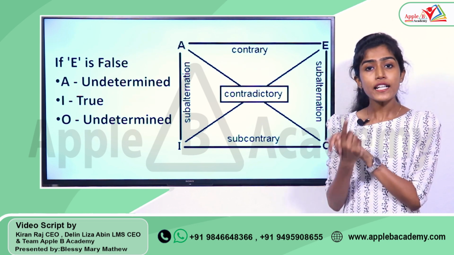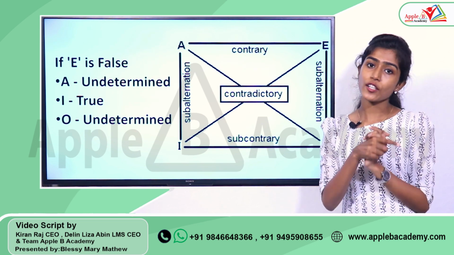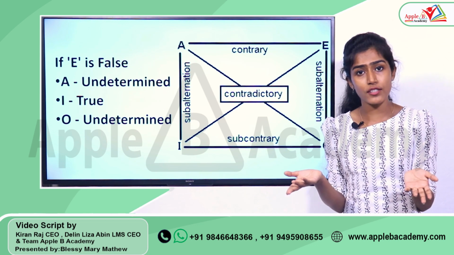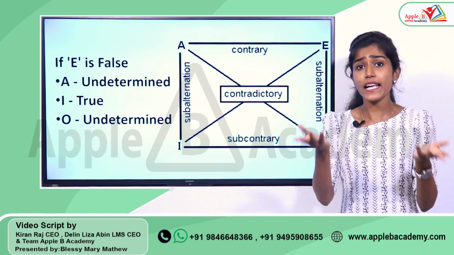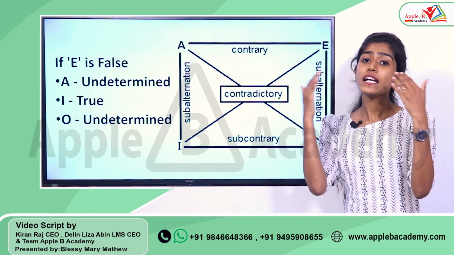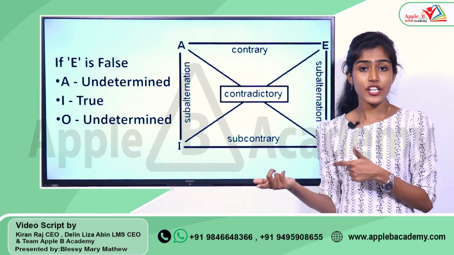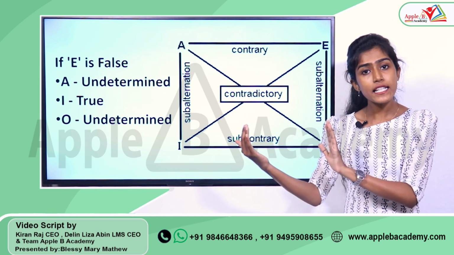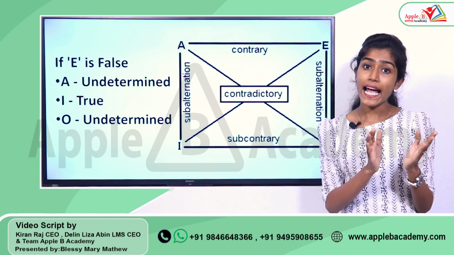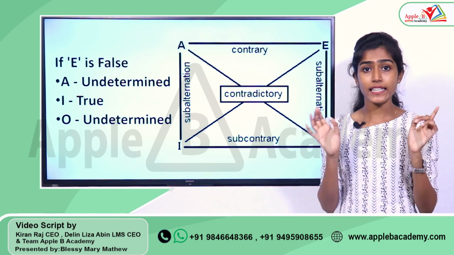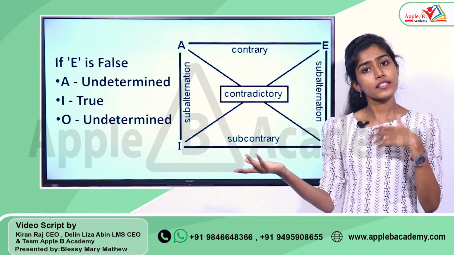Why? If one is false, there is a possibility of the other one also being false, because they can be false together. They cannot be true together, but they can be false together. So if one is false, the other can be false. And also there is another possibility. If one is given as false, the other one can be true. They cannot be true together, that is there. But if one is false, the other can be true.